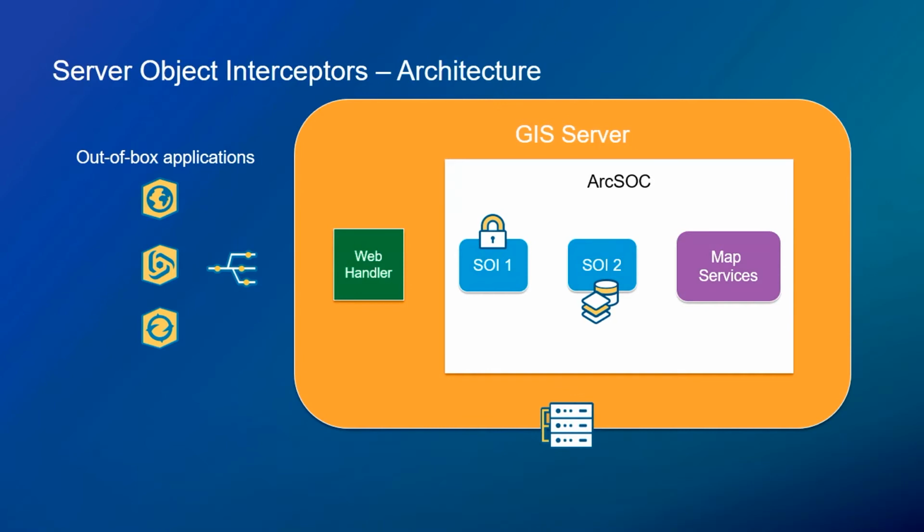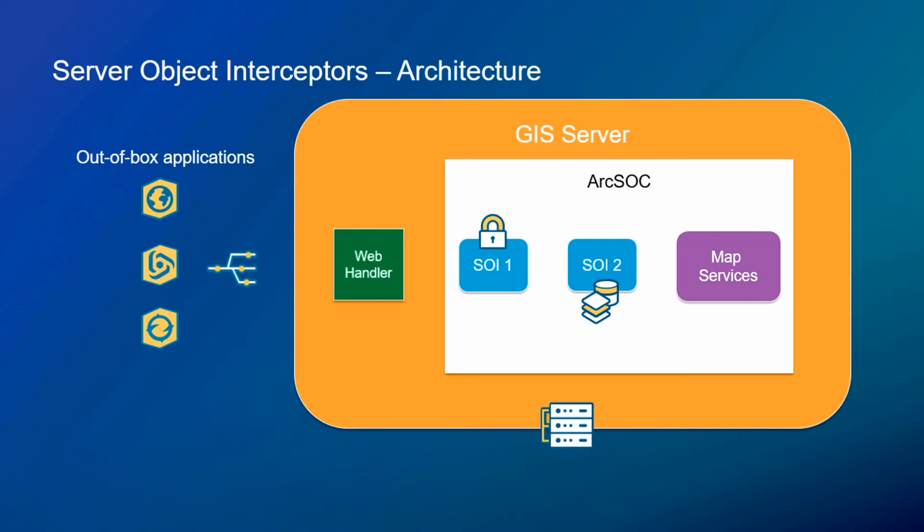So let me show you what this looks like through a little bit of animation. I have a GIS server, and to it, I've deployed a service, my map service, for example. And map services run in these processes called ArcSOC. Anybody know what these ArcSOC are? They stand for Arc Server Object Container. It's a process boundary in which the code is created and constructed and lives.